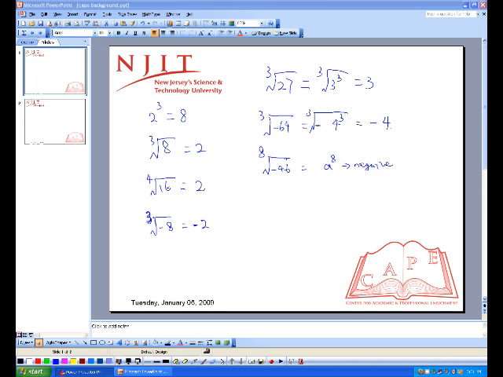Is it possible? No, not really, because if this number is positive, it will give you a positive number. If it's negative, then since it's even powered, it's still going to give you a positive number. So it's impossible for an 8th root of a negative number to be a real number. It doesn't exist as a real number. Okay, so that's not possible.